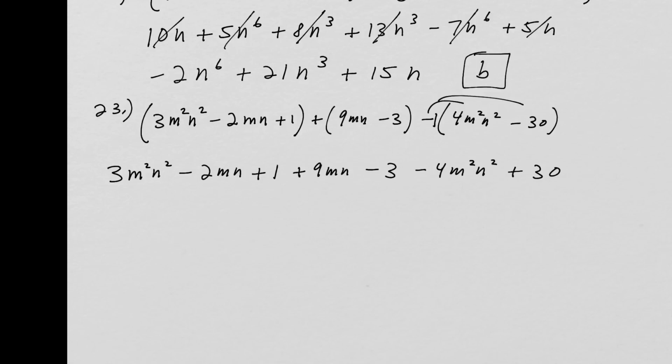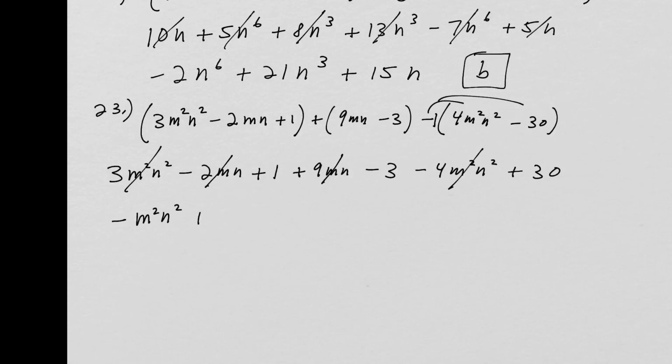Okay, so let me combine like terms. So 3m squared n squared. Do I have any more m squared n squared? Yeah, it looks like I have 3 and then negative 4. So that's going to be minus 1. But you can write minus 1 as just minus m squared n squared. Then I have mn's, right? So I have negative 2 and then plus 9.